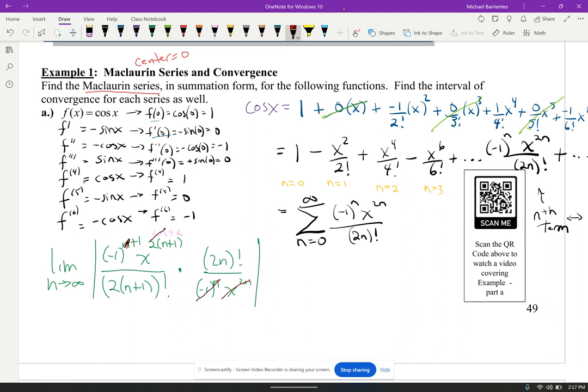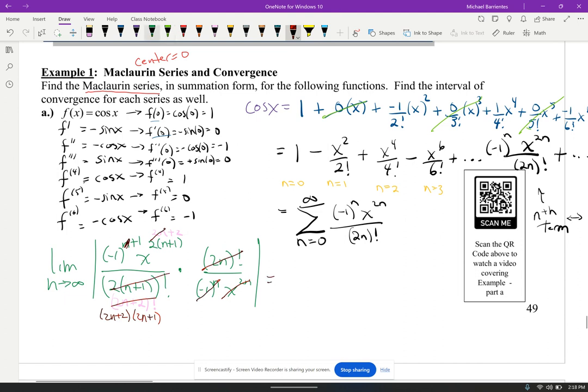And if you multiply this out, this is really 2n plus 2 factorial. So I can cancel this whole 2n factorial with all except 2n plus 2 times 2n plus 1, and that's where everything cancels. So I think that's what I have left.